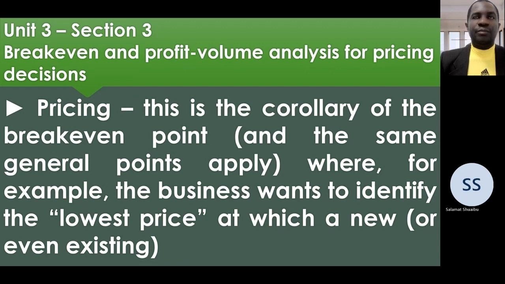Now, a company may not want to make a loss, but they will want to at least break even. Let's have our costs and income or revenue as the same. So break-even decisions may be predicted based on calculations to arrive at a price that lets the product break even, not make a loss.